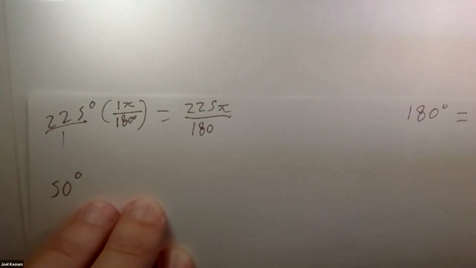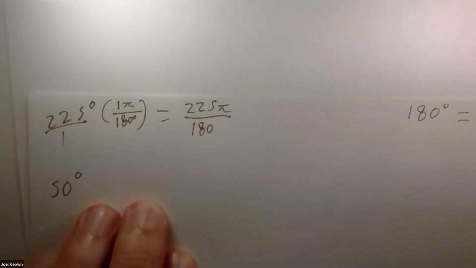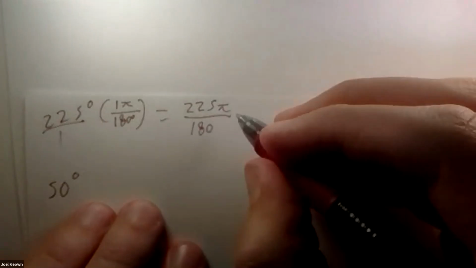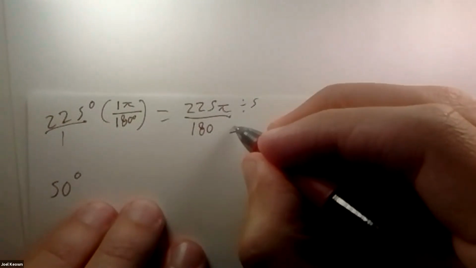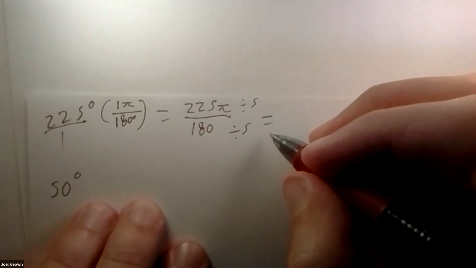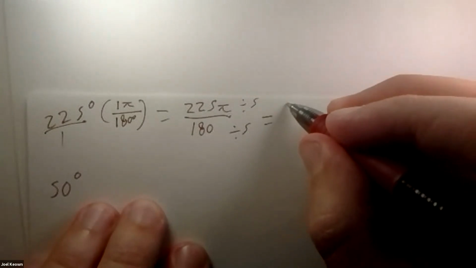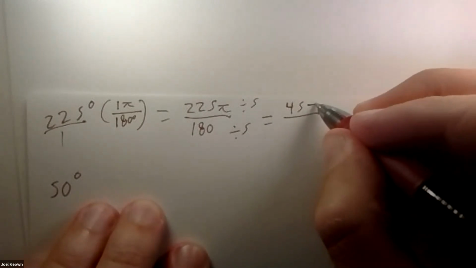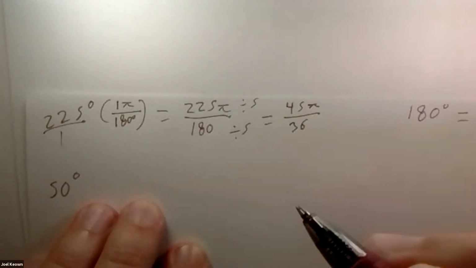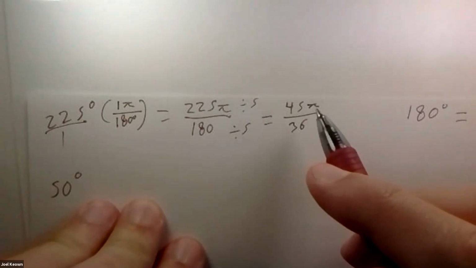What divides into both of those? Well, 180 is divisible by 5, and 225 is divisible by 5. If I divide them both by 5, that gives me 45 pi over 36.